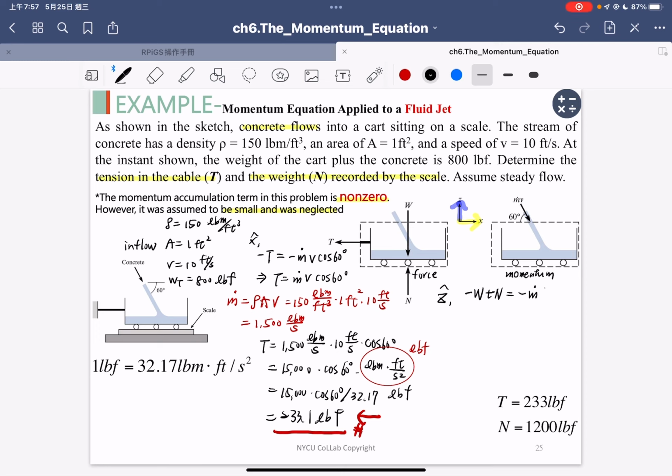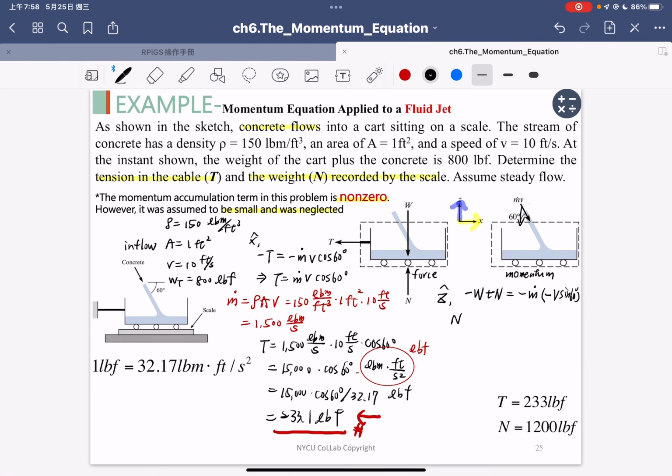We project the inflow into the vertical direction, so the velocity is negative because it is downward, and we have V projected into the z direction, so sine 60 degrees.